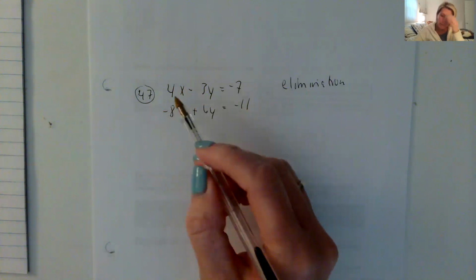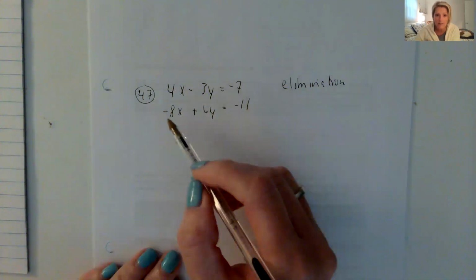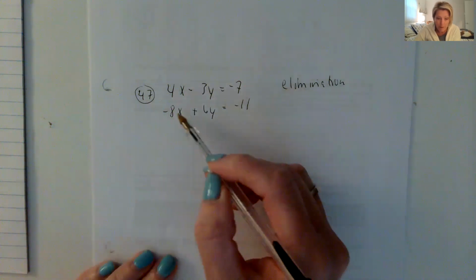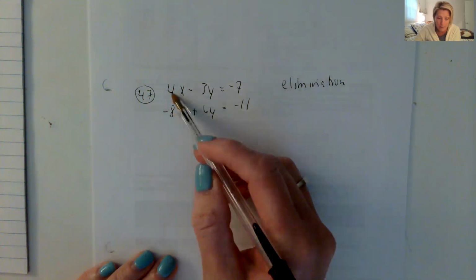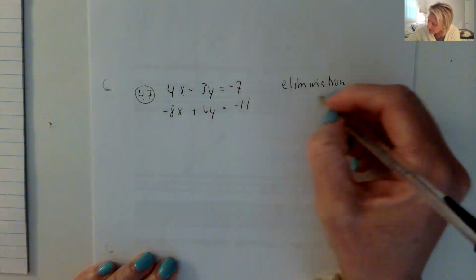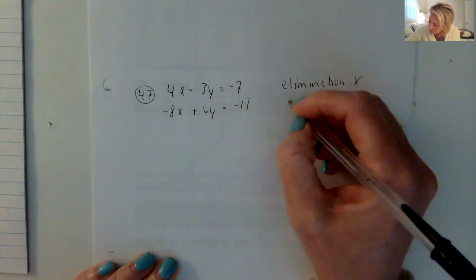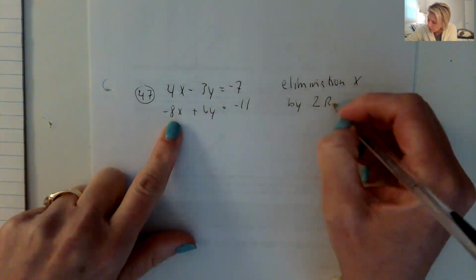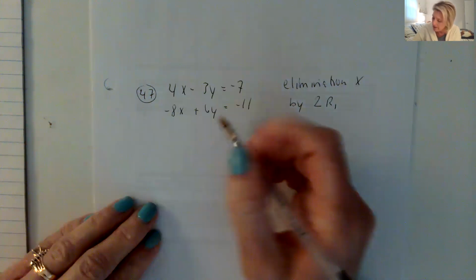So really, it looks like eliminating x or y is easy, because what's nice is they're already opposite signs. And 8x is a multiple of 4 and 6 is a multiple of 3. So I'm going to eliminate x by multiplying 2 times row 1, because then I can get that to be an 8x.